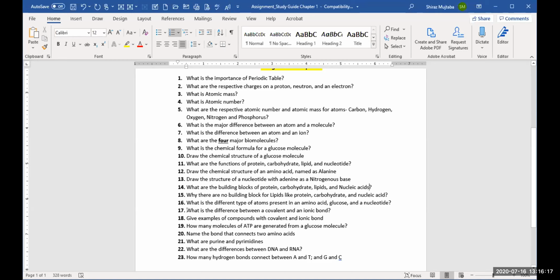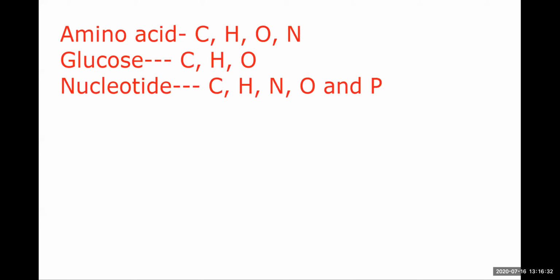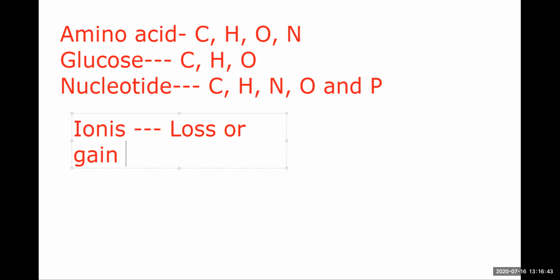So now question number 17 and 18, let's do together. What is the difference between a covalent and an ionic bond? Give examples. An ionic bond is formed by loss or gain of electrons, right?